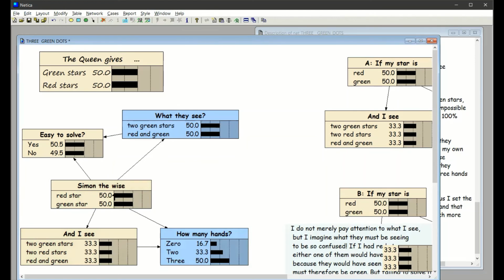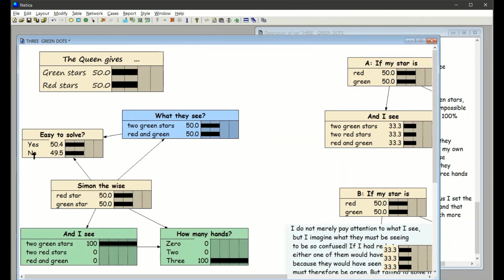What we can also do, by the way, is enter what we see or what we feel we see. Not only do we see three hands and two green stars, but because 10 minutes have elapsed, and this is important, it's not immediately obvious to either of the two counselors.